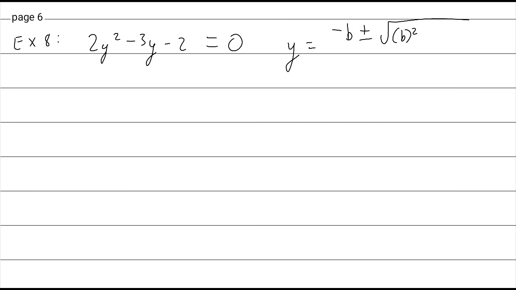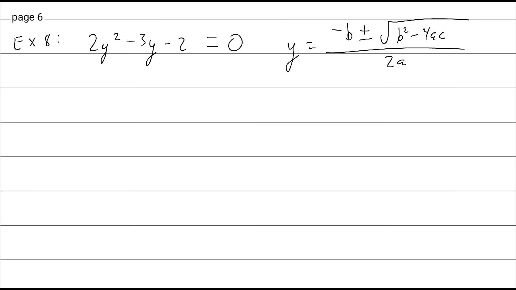Let's solve 2y squared minus 3y minus 2 equals 0. Now this may be factorable, but I'm going to jump straight to the quadratic formula. I know I'm using a y instead of an x, but it's okay. Negative b plus or minus square root, I need to put that in parentheses, b squared minus 4ac over 2a.